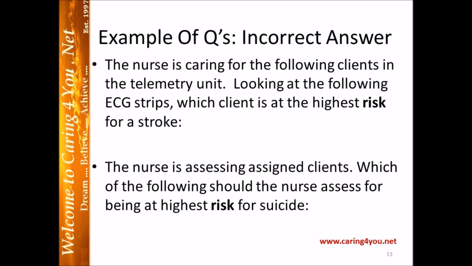For those of you who are watching this for the first time and don't know what I'm talking about as far as homework goes, feel free to look up that video, okay? But this is the point I'm making. When the NCLEX gives you 4 strips, always look for something ventricle. Simply put, if we think about it, the ventricles are larger than the atria.